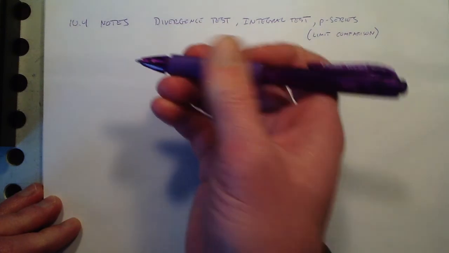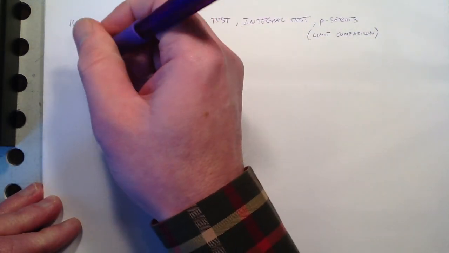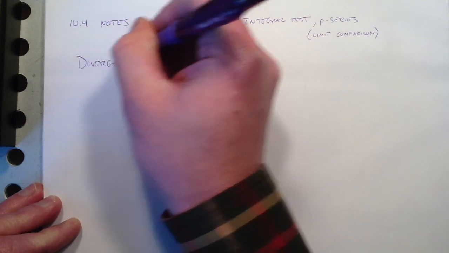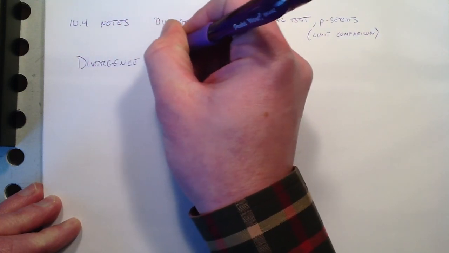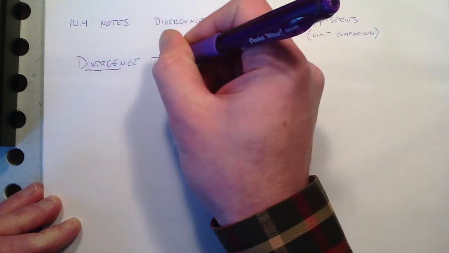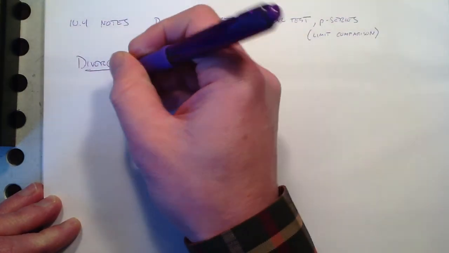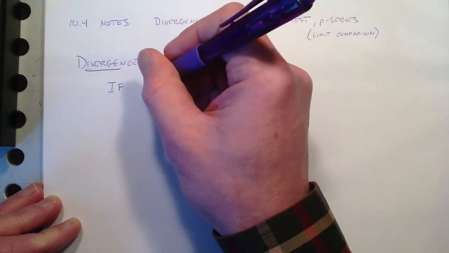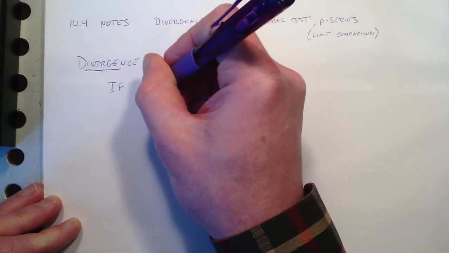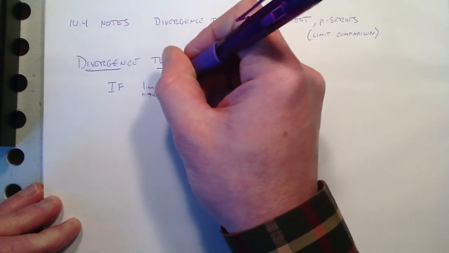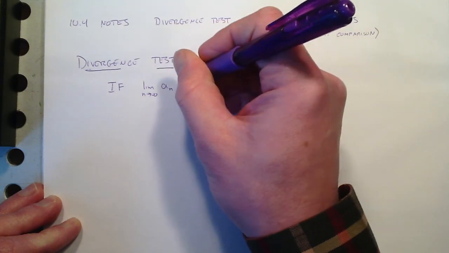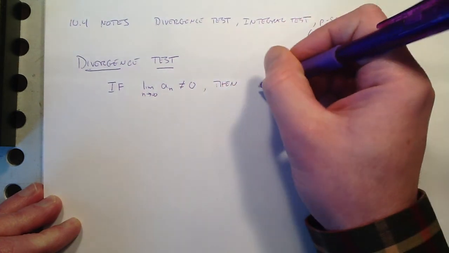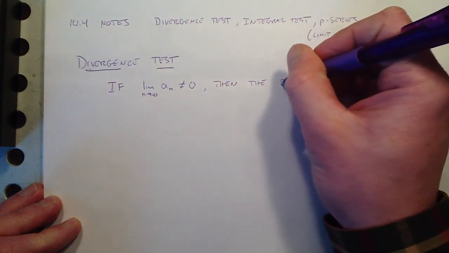First of all, the divergence test. This is a very simple test. The divergence test basically says this: if the limit as n approaches infinity of the terms of your infinite series is not equal to 0, then the series diverges.